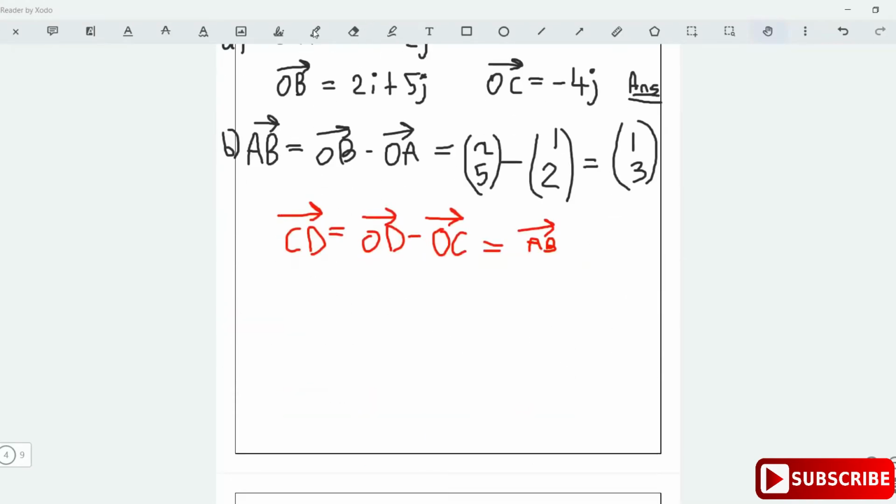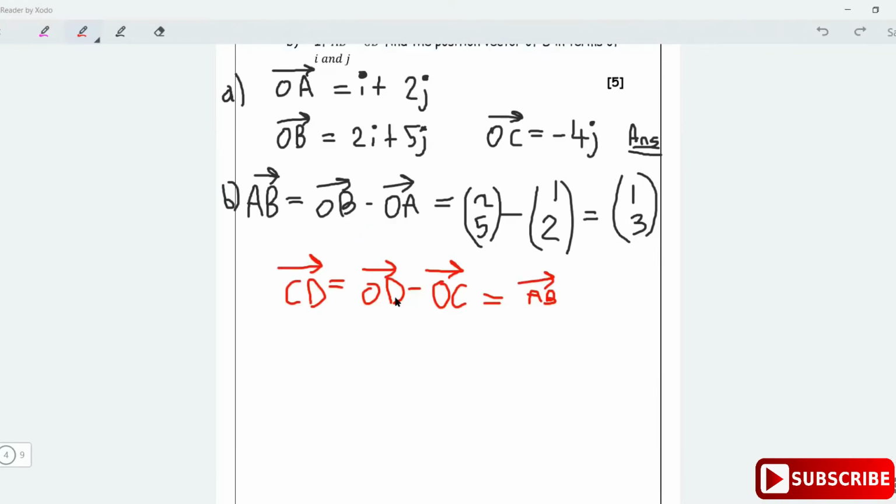All we have to do now is transpose to make OD the subject. And what we're going to get is vector OD is equal to vector AB plus OC. So vector OD is AB, which is 1, 3, plus OC.